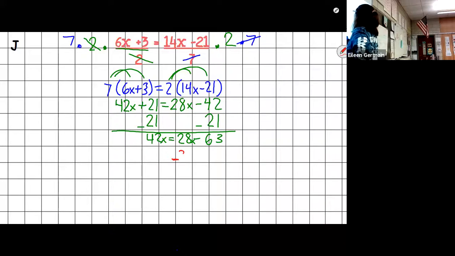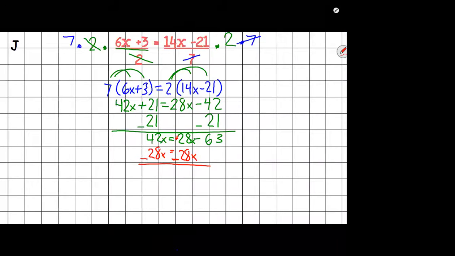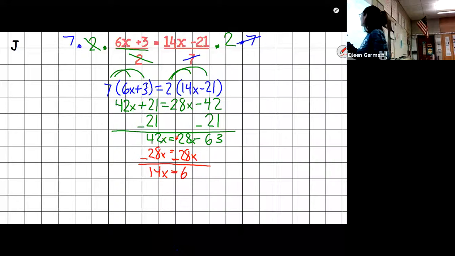We would subtract 28x from each side because we want to make sure that we keep the 28 and the x together. So to do that, we would have to subtract because it's a positive 28x. So 42 minus 28 gets me. You good, Junior? Yeah. 14x is equal to 63.